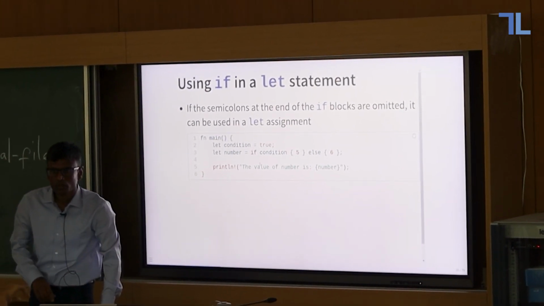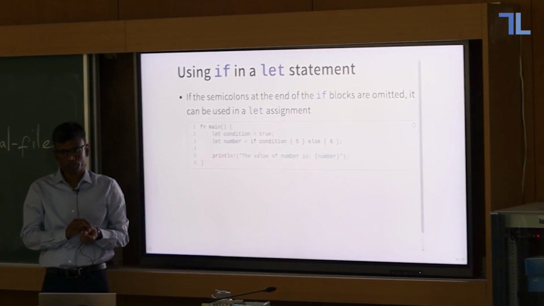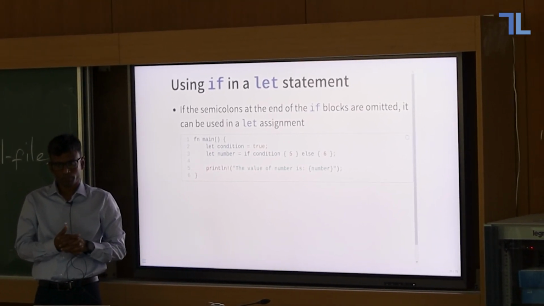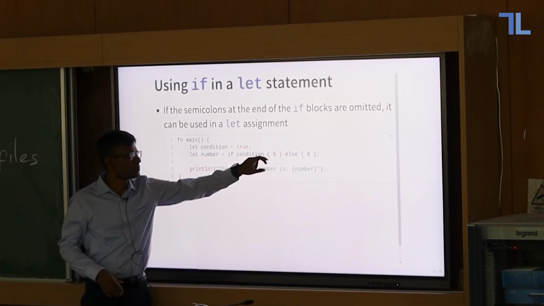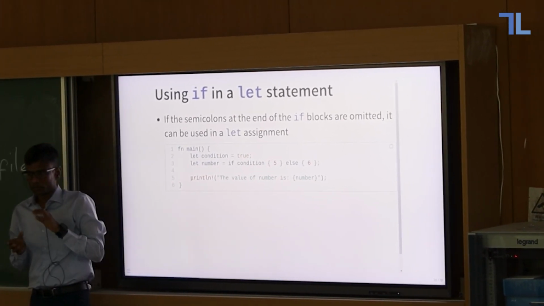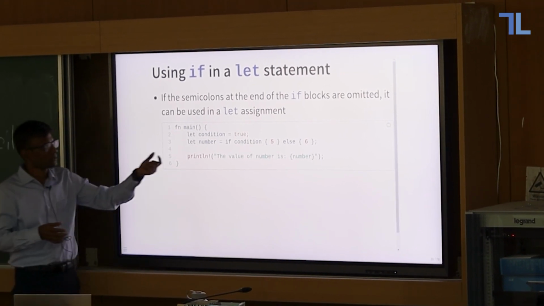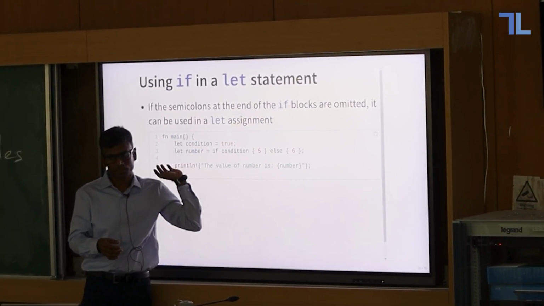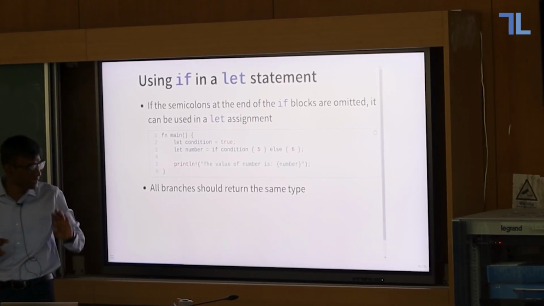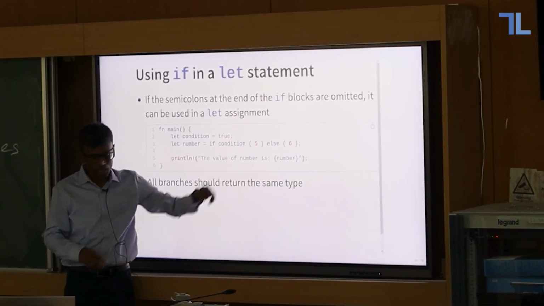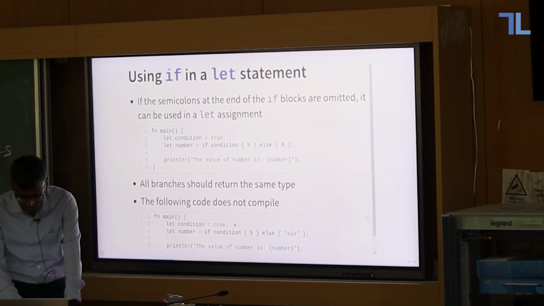So in that case, inside the curly braces, I could put say 3 statements together and another statement with a semicolon. Yeah, it's fine. So the question was, can this be a very complex block? It can be. The final expression without the semicolon will be assigned to the number. But all the branches have to have the same type. Here you can't return a number in one and a string in the other.